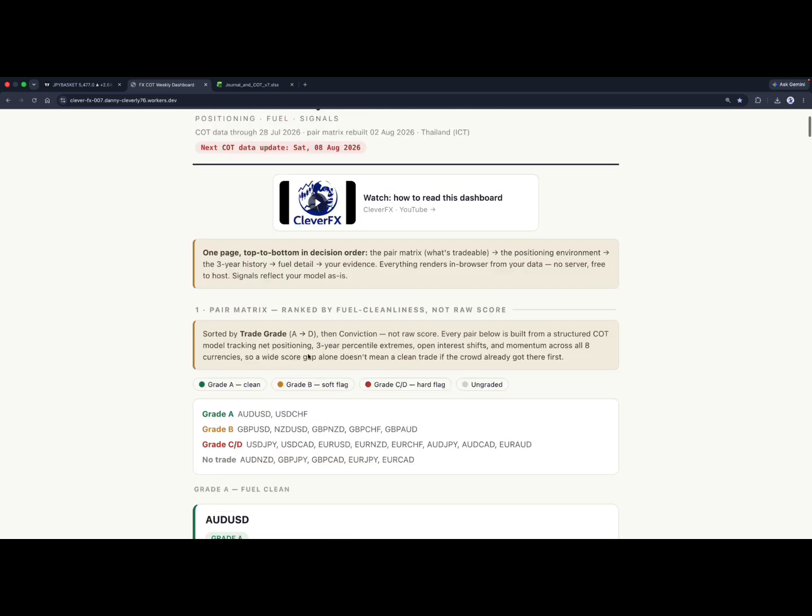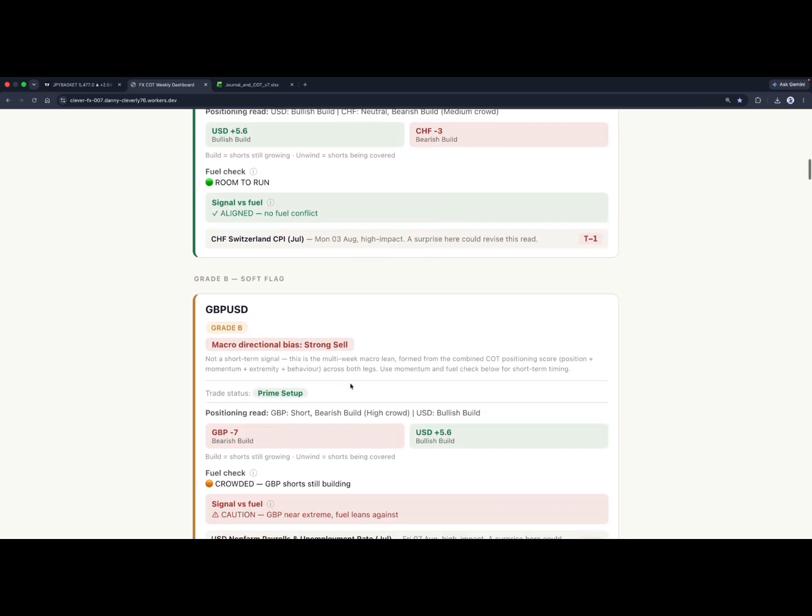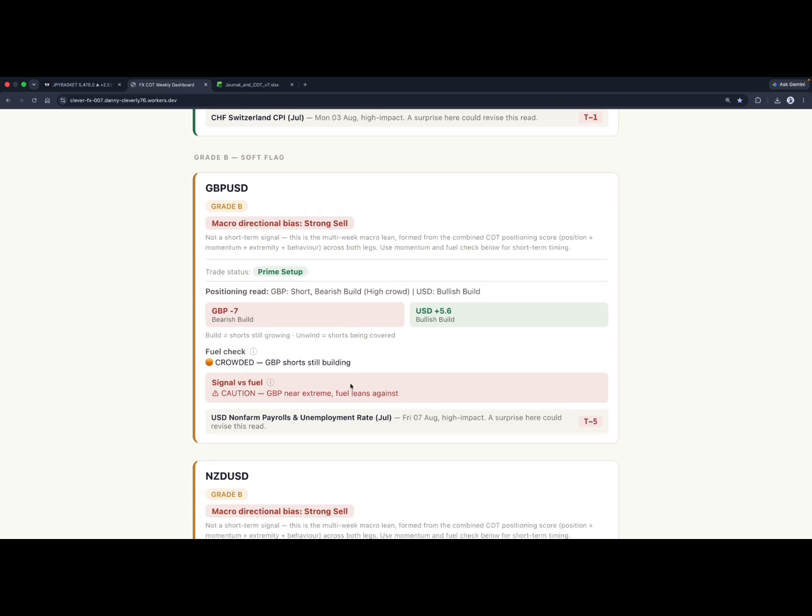So that is grade A. These are the cleaner setups. Then you get into grade B, which has a soft flag, which means there may be one or two flags that currently stand against this. So for pound US dollar, for example, although this is a prime setup, we do get a couple of flags here.